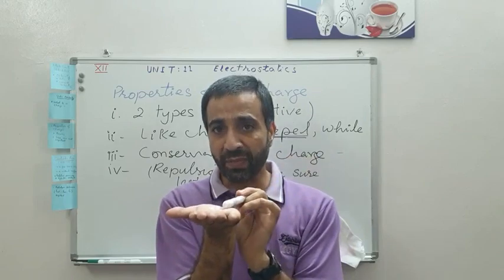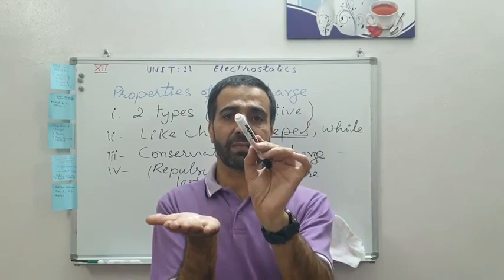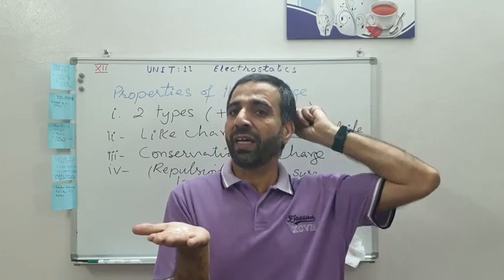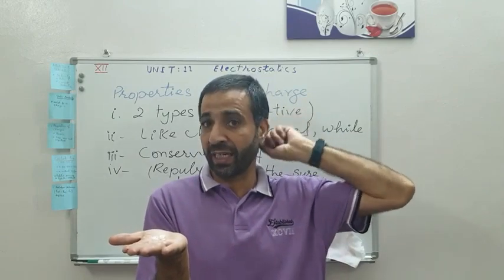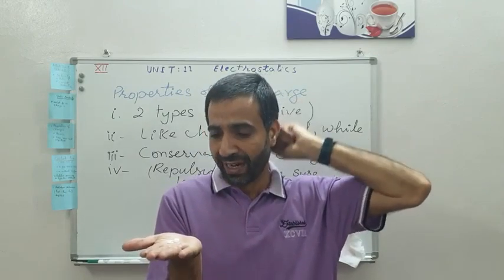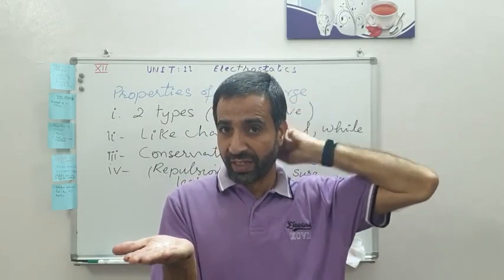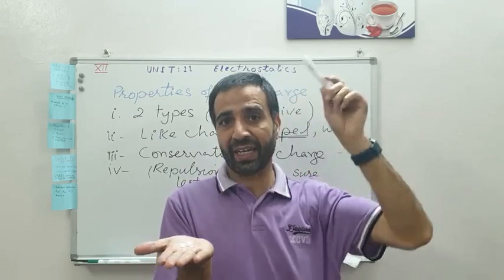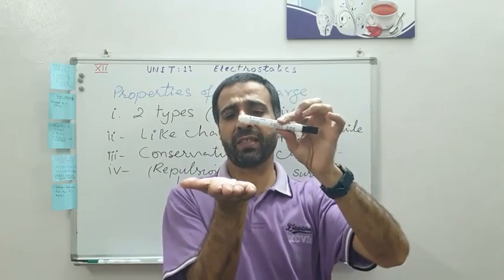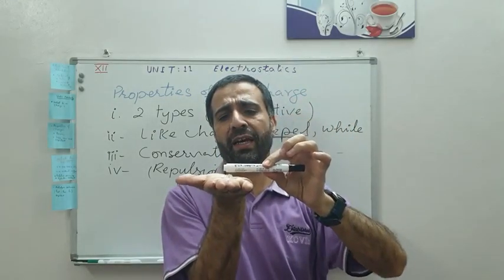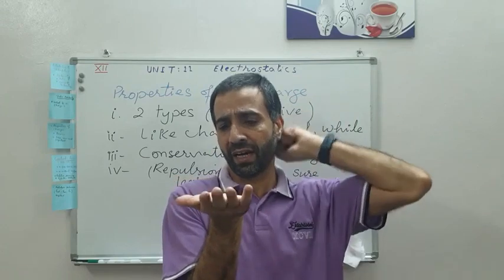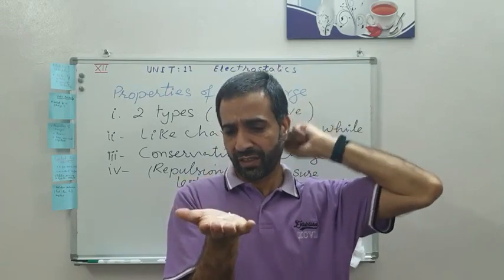The pieces of paper are neutral, and this marker is also neutral. Now I use the phenomenon of electrostatic induction as I told you earlier. Now definitely you see the marker is charged. The pieces of paper were neutral. The fan is on, so therefore it is not doing it.